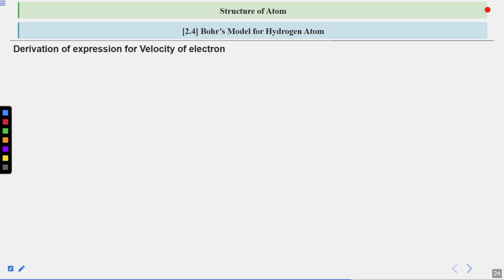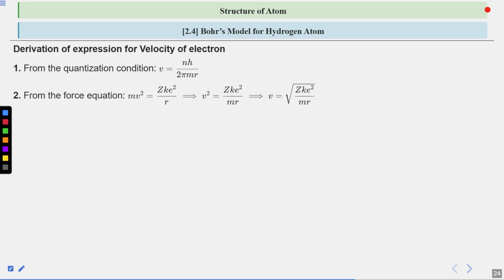Now next we will derive the expression for velocity. We know again from the quantization of angular momentum, v is equal to n h by 2 pi m r. Then from the equation, m v square is equal to z k e square by r, or we can write v square is equal to z k e square by m r, where we can get the value of v.